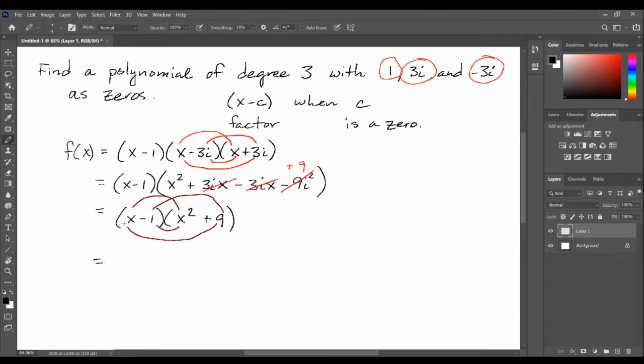So first is x times x squared, that's x cubed. Outside, x times 9 is 9x. Inside, negative 1 times x squared is a negative x squared. And last, negative 1 times 9 is a negative 9. And I'm going to go ahead and rearrange these so they're in descending order of exponents, just because that's our convention.